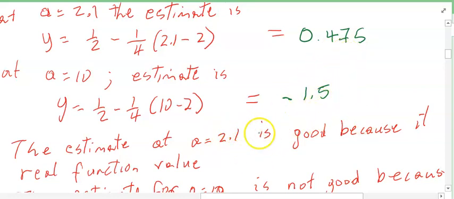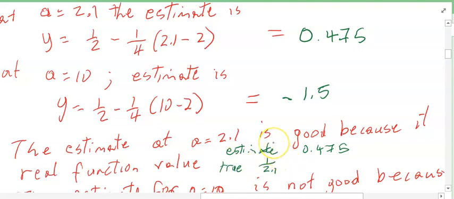The estimate at a equals 2.1 was 0.475, and the true value would be 1 over 2.1.